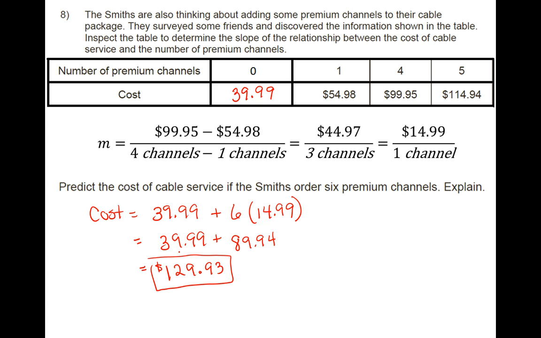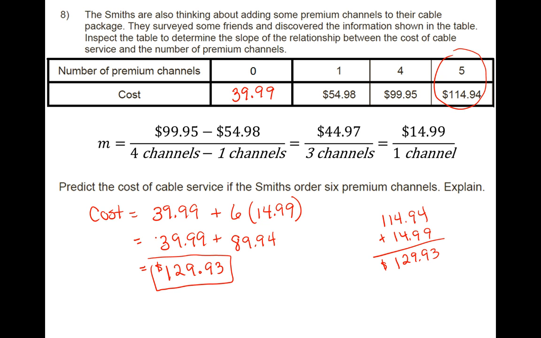Now, you may think, oh, that was a hardware misuse. The other thing I could have done is said, look, if I know this, 5 channels is $114.94, and I just want to add one more of those $14.99 channels. This will also come out $129.93.